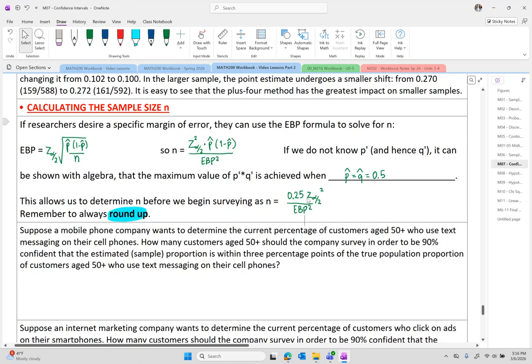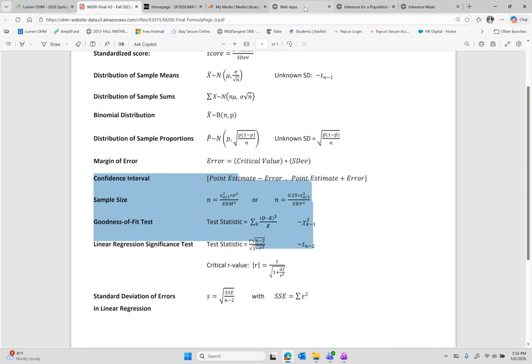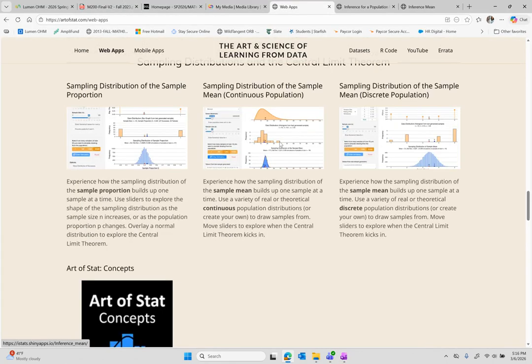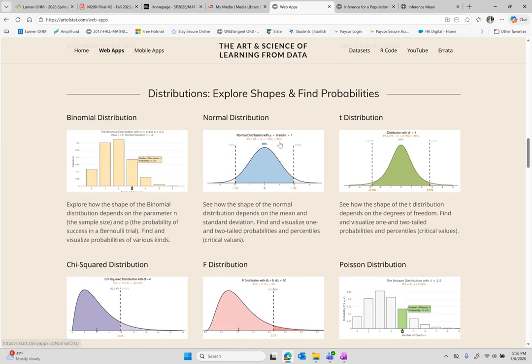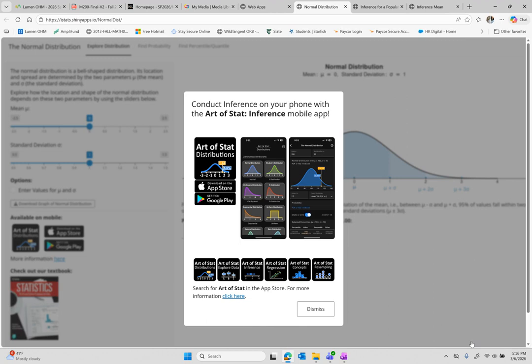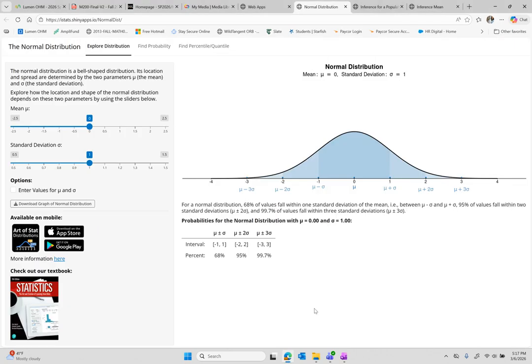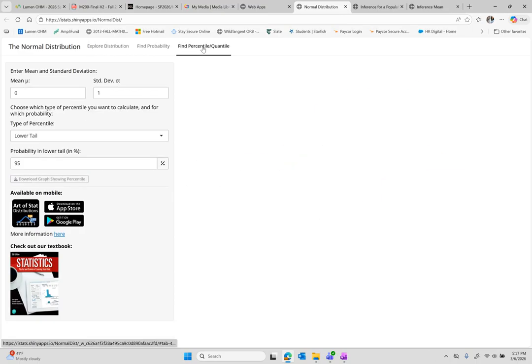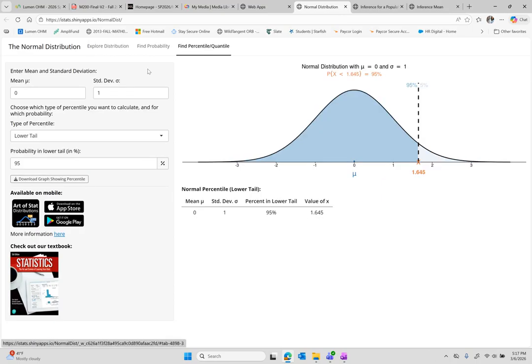The z-score, if you remember, is determined by the confidence level. To remind you how to find it, we use the normal distribution app. In the normal distribution, we want to find the percentile quantile. We leave it as a standard normal distribution with a mean of 0 and a standard deviation of 1.